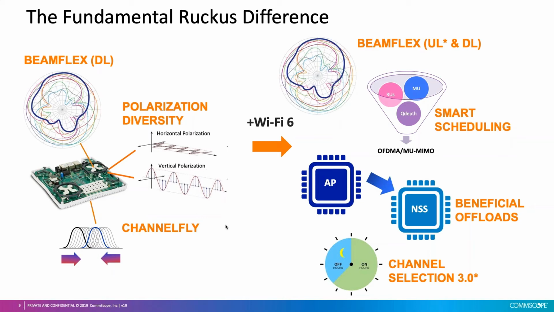You add all the benefits of Wi-Fi 6 on top of that, plus some new benefits. BeamFlex is now uplink and downlink, there's some enhanced channel selection. So we've made a lot of improvements specific to Ruckus, which gives us a real advantage over other vendors.